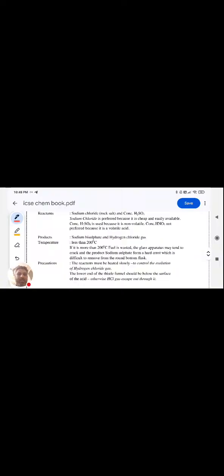Now, the condition we maintained is below 200 degrees Celsius. You can produce HCl even at more than 200 degrees Celsius, but we always prefer to maintain a temperature below 200 degrees Celsius. The reason is, it is just to save the fuel.